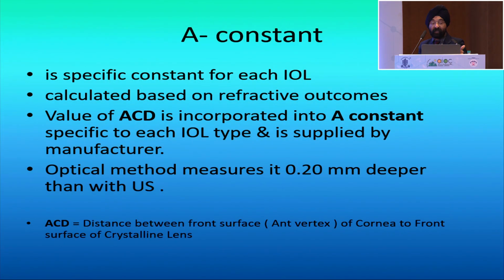What exactly is the A constant? The A constant is a specific constant for each IOL, and the value of anterior chamber depth is calculated by regression, and it is incorporated into the A constant, so indirectly it affects effective lens position. Optical methods definitely measure anterior chamber depth 0.2 millimeter deeper than the ultrasound methods.